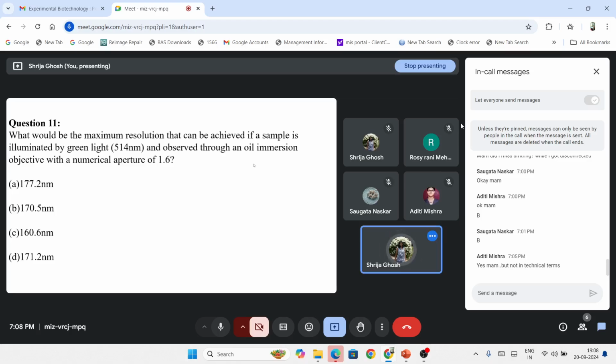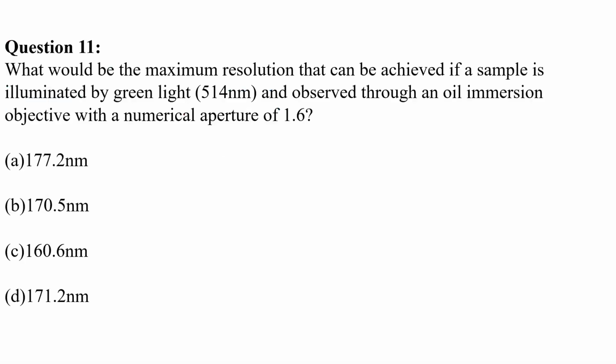So let's say I have 2 points, one here and one here. The distance between these 2 points is 100 nanometer. Let's say the resolution of the microscope that I have is 70 nanometer.